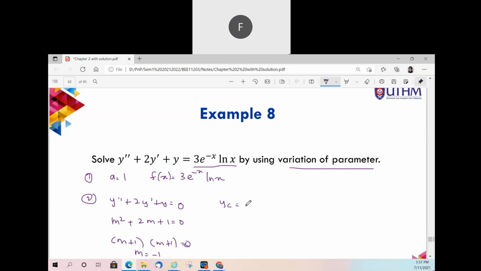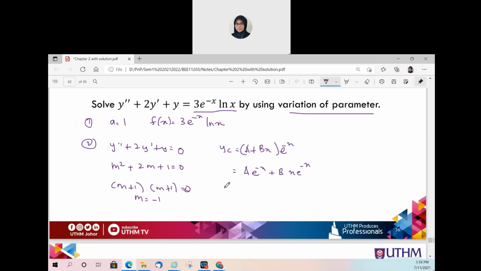Okay, so case 2 which means YC equals to A plus BX exponent minus X. Then you darabkan, you get A e minus x plus B x e minus x. Then you can find your Y1 and Y2. So Y1 equals to exponent minus X, Y2 equals to X exponent minus X.